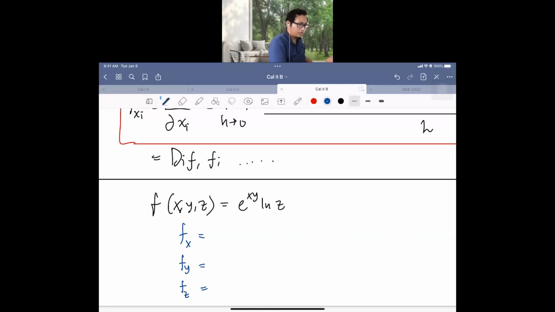The others will be constants. So with just x as the variable, we will have y, b, x, y, and z, and the partial y will be similar but with x, and for partial z, because z is the only variable, we will have e to the power of x y over z.